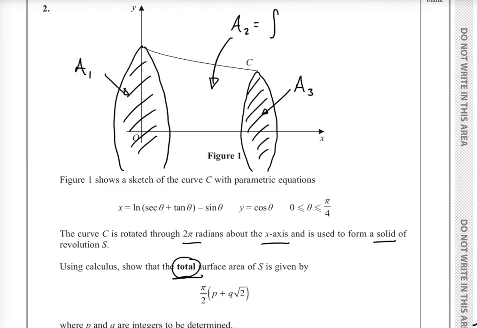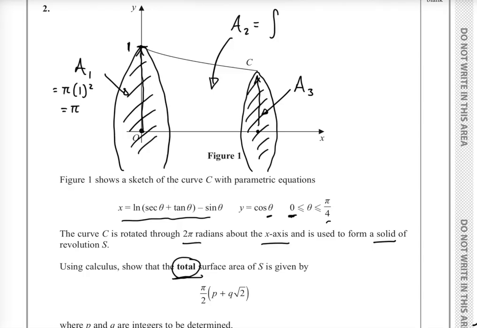To do this, I need to know the radius, i.e. the y-coordinate at this point, and the y-coordinate at this point. To double check I've got them the right way round, I've put 0 into this expression for x, and that gives me 0, so 0 in this expression for y gives me a 1, which tells me that this value here is a 1, so A1, which is pi r squared, is just pi.